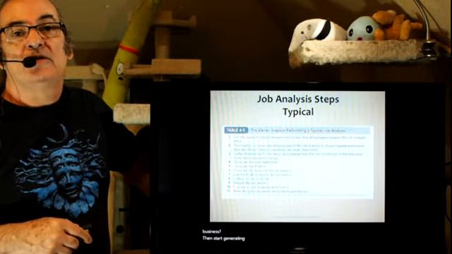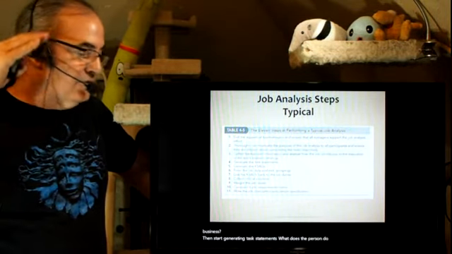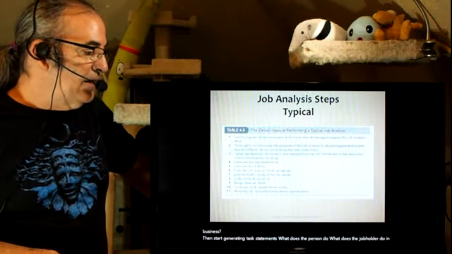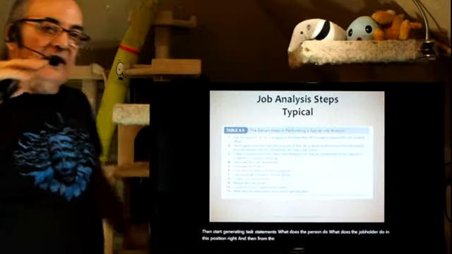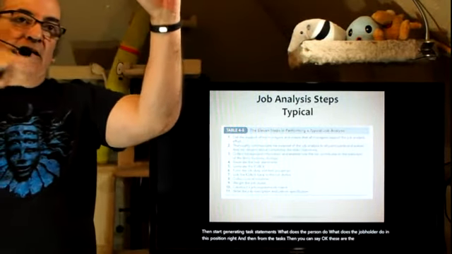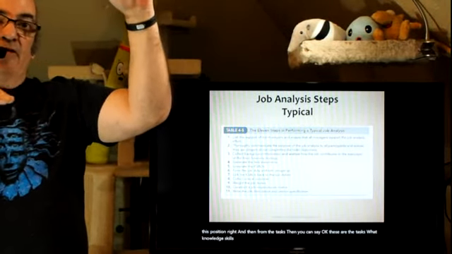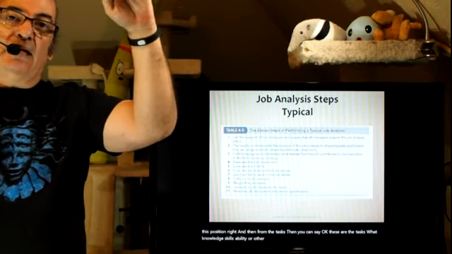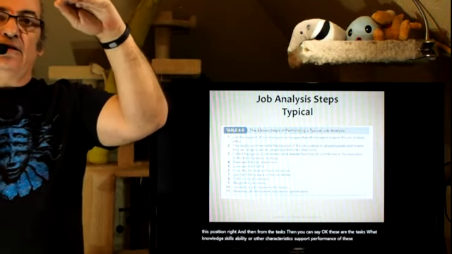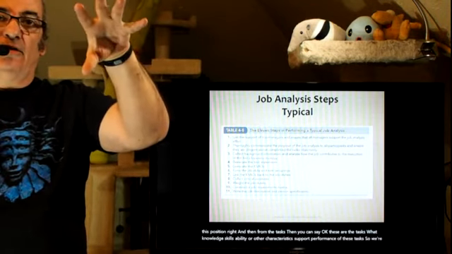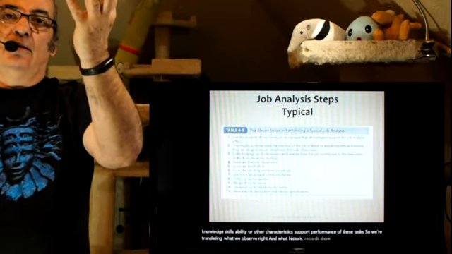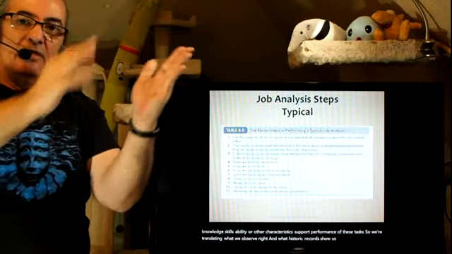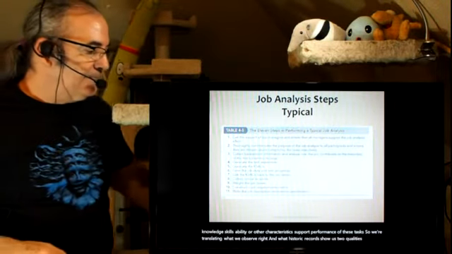What does the person do? What does the job holder do in this position? Right? And then from the tasks, you can say, okay, these are the tasks. What knowledge, skills, ability, or other characteristics support performance of these tasks? So we're translating what we observe, and what historic records show us, to qualities that feed into that.